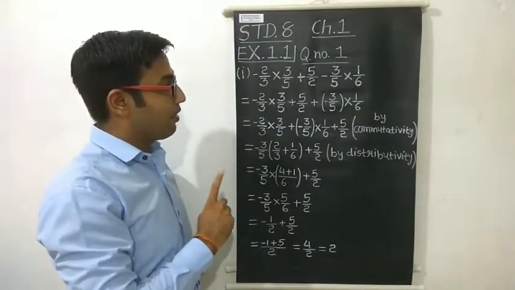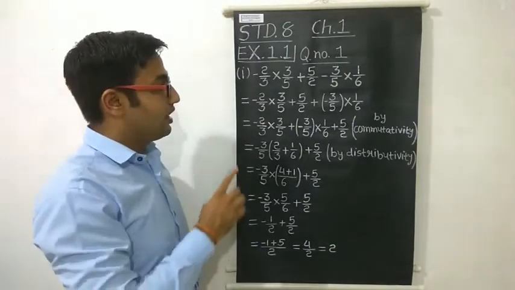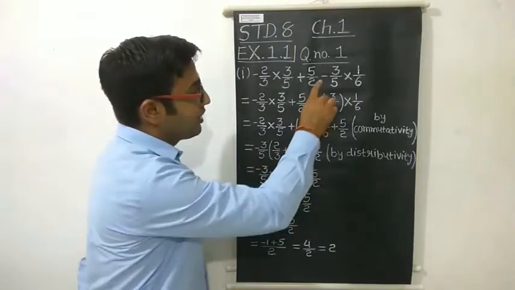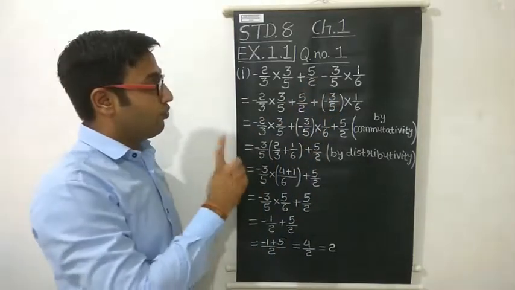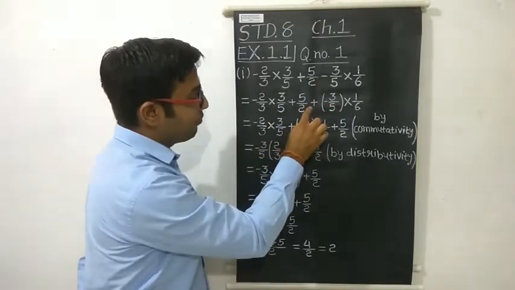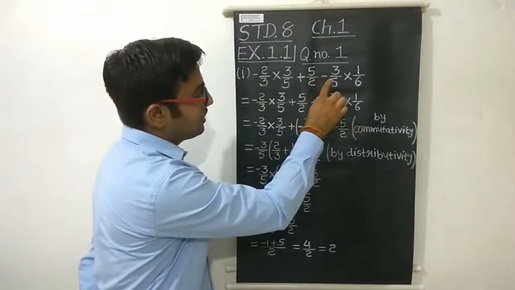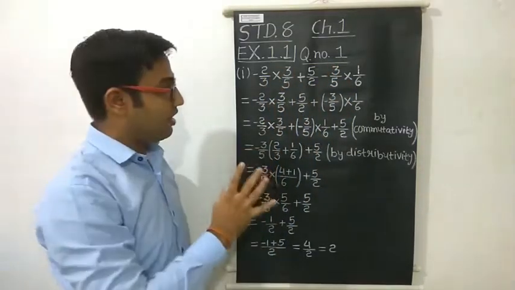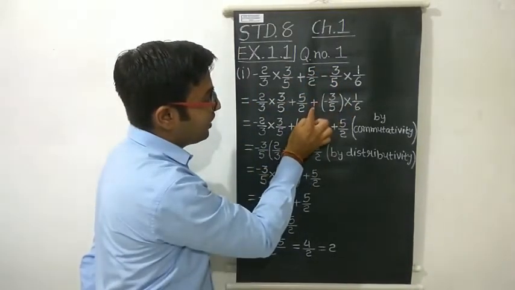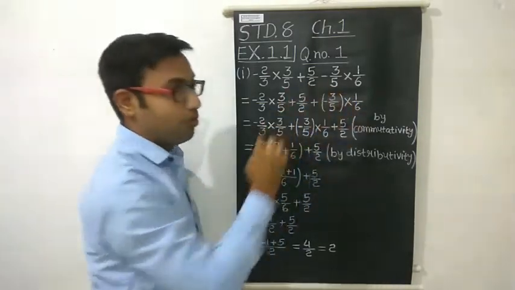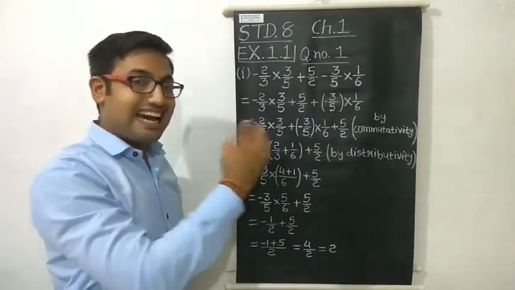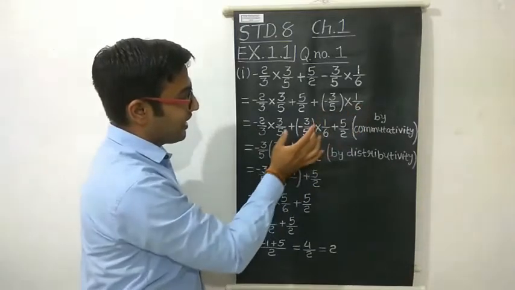This is the property that rational numbers are commutative under addition only, but here the sign is subtraction. So first we set a plus here: we put the plus sign and give this minus to the 3 upon 5. Now the first term remains as it is, 5 upon 2 as it is, and the third is now plus, in the bracket, minus 3 upon 5 into 1 upon 6. Now there is a plus in this term as well, so we can take this term to the second position.